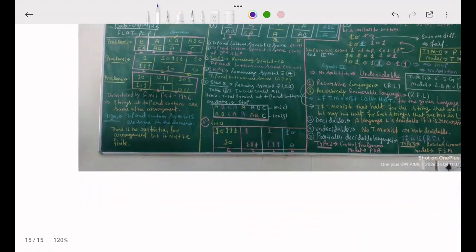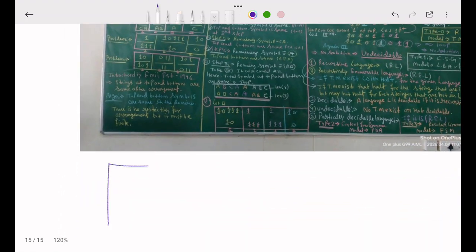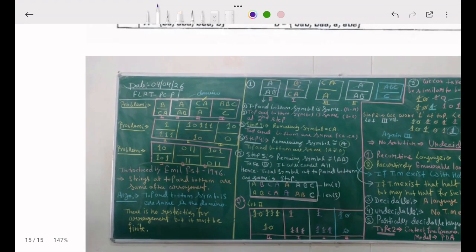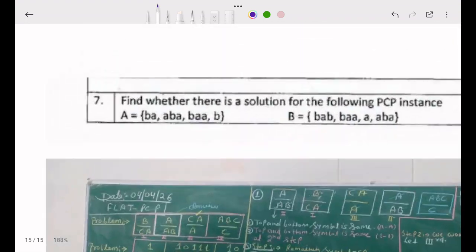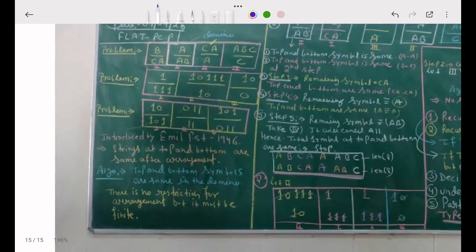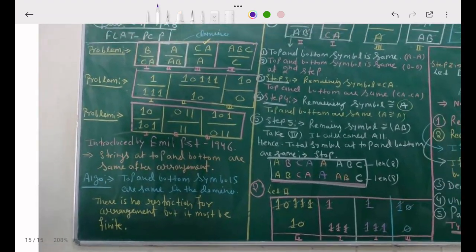My question is, I am writing here my domino. There is a top and a bottom. Top and bottom I am writing here. What is the top? Top is A, and the bottom is BA. I will not waste your time.